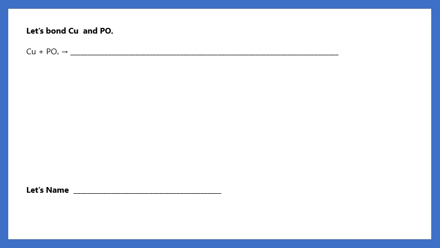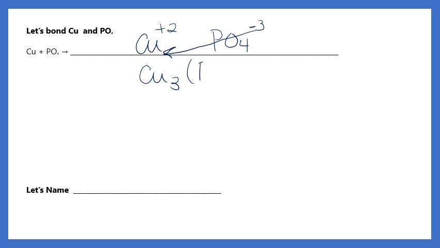So the first thing we'd like to do is put together, oh, my pen. I'm so sorry, guys. Cu takes a +2 charge. PO4 takes a -3 charge. We're going to crisscross these charges, so the 3 comes down to the Cu. And that 2 goes to the bottom of the PO4.